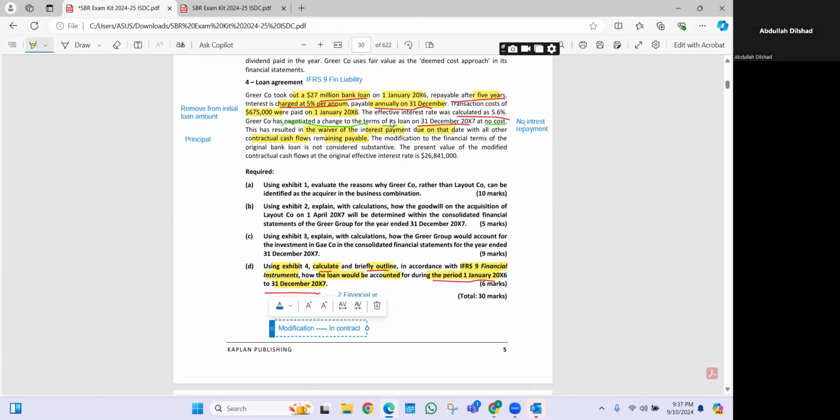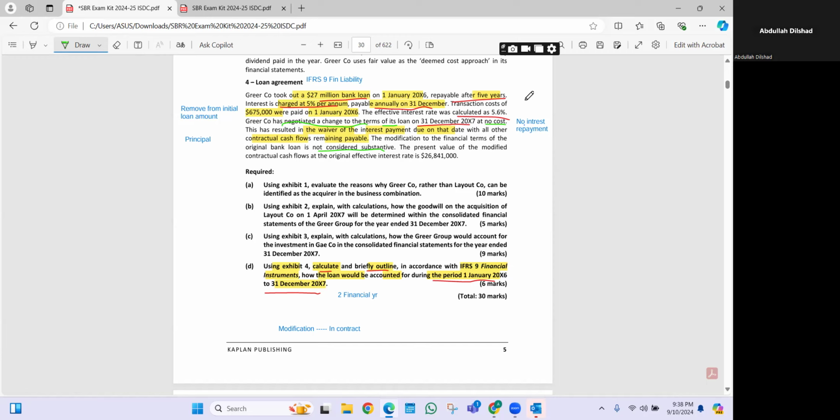Reading on the modification of the financial terms. The modification to the financial terms of the original bank loan is not considered to be substantive. So what do they say? They got this waiver of no interest prepayments.